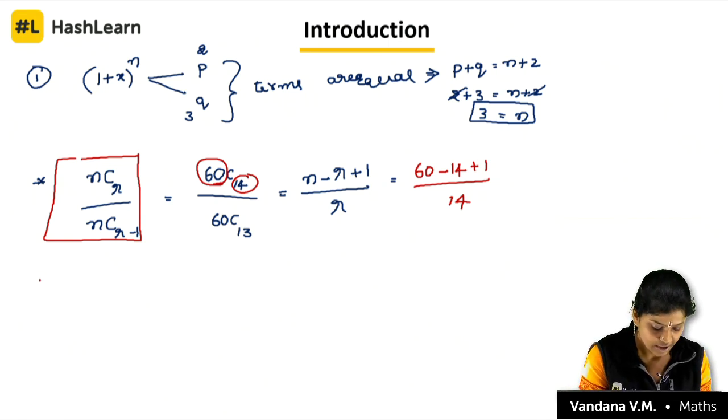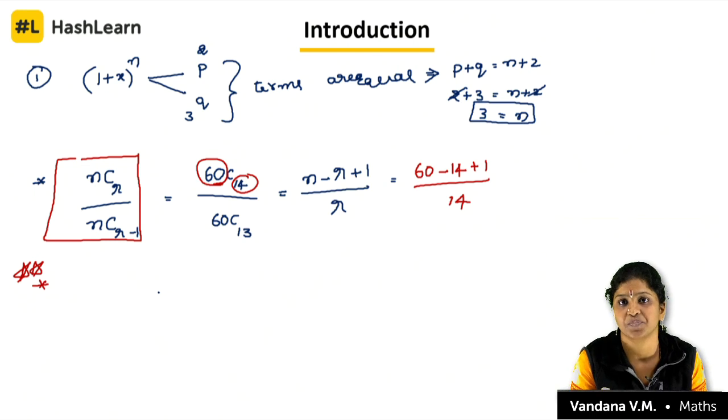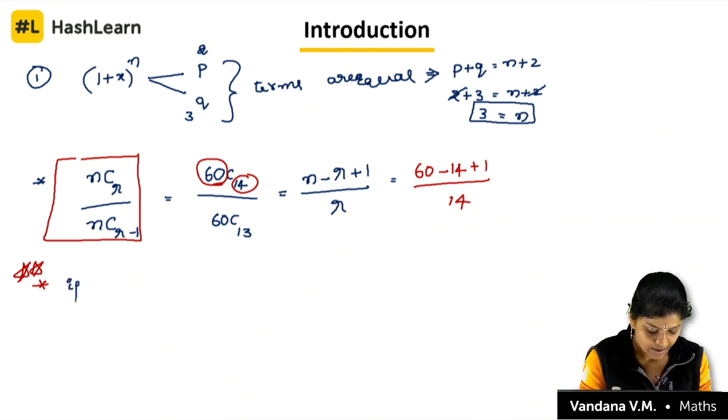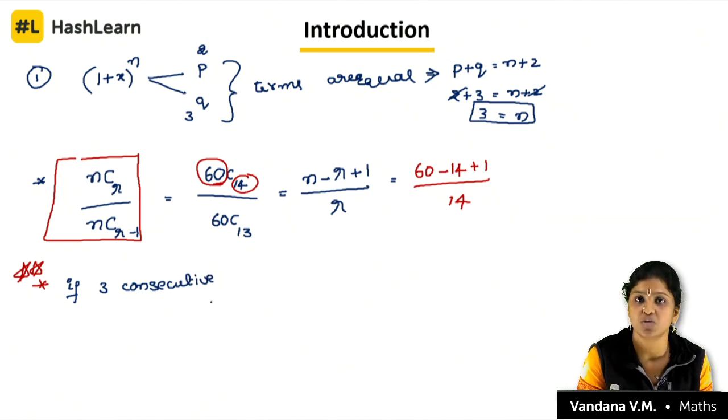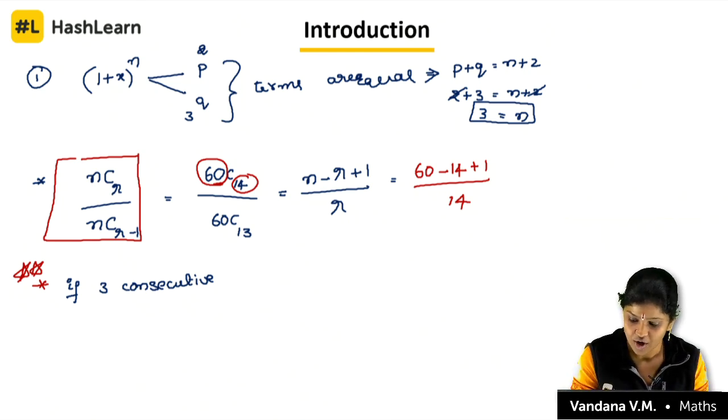Next, the very important shortcut is this. If 3 consecutive terms are in some ratio, consecutive means the continuously coming terms, suppose the 10th term, 11th term, 12th term, in the expansion of (1 + x)^n, whatever the expansion it is.